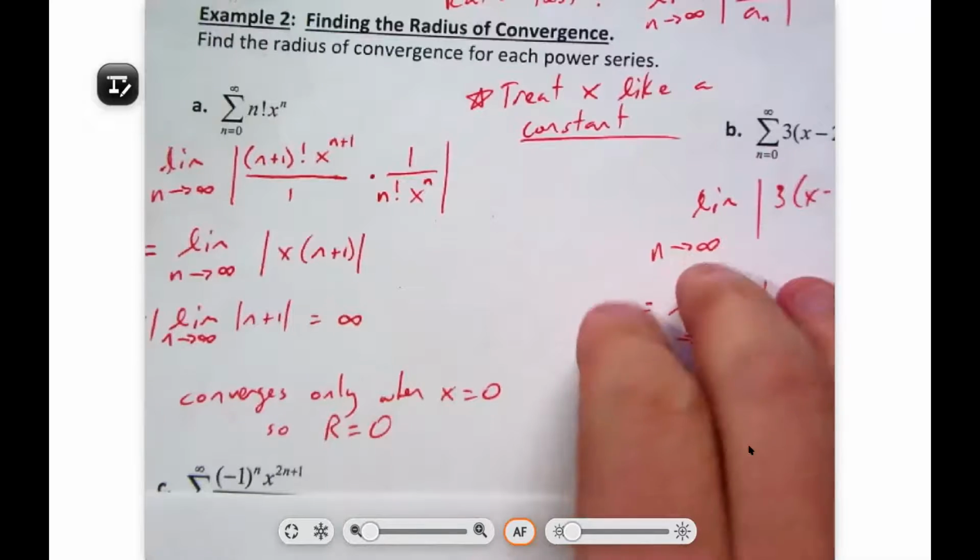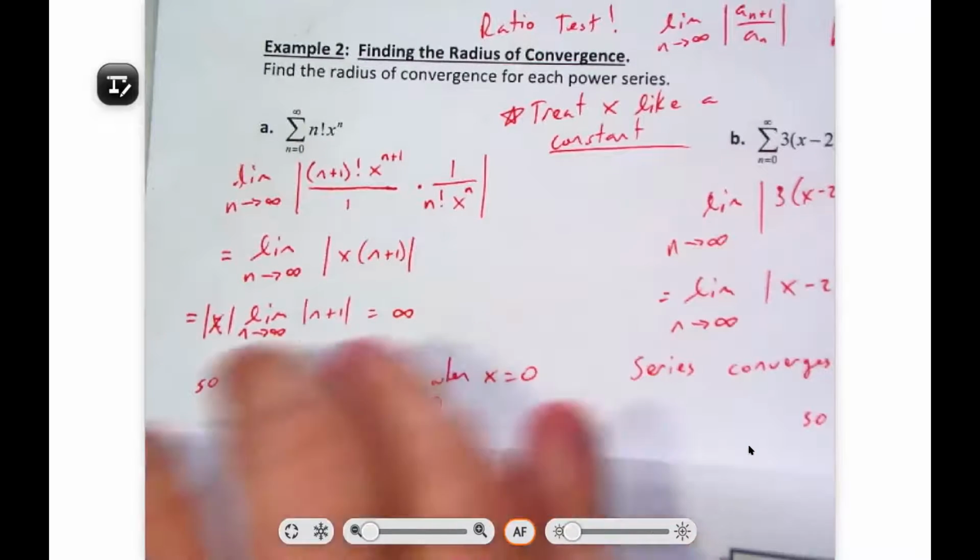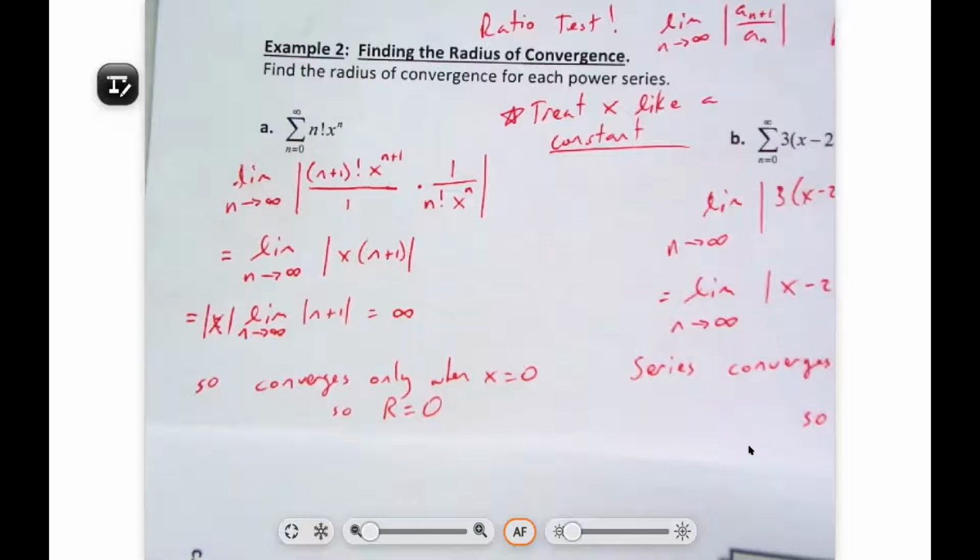All right. Here's your work for that. Hopefully you got r equals 0. So we set up the ratio test. n plus 1 factorial over n factorial is just n plus 1. We can cancel out x to the n, so we're left with x.